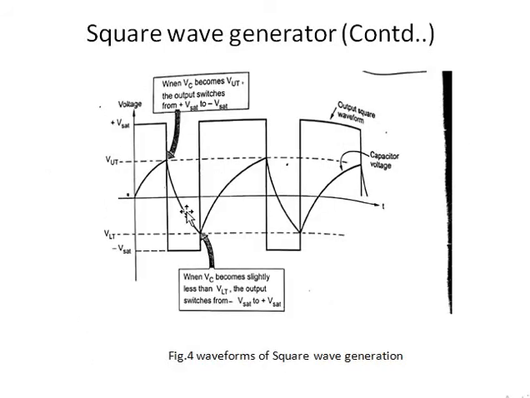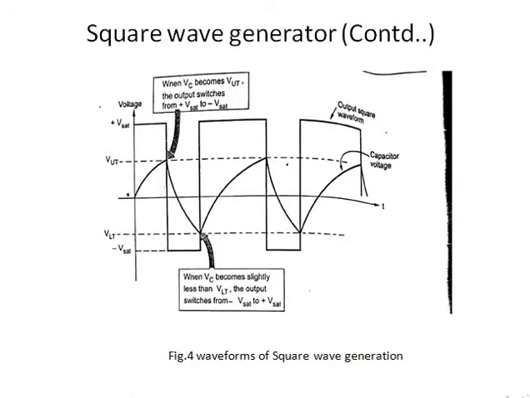So as you see in this waveform, during positive V saturation the capacitor voltage increases, and when it becomes equal to or slightly above upper threshold voltage, the output voltage will switch to its negative stable state, that is negative V saturation.